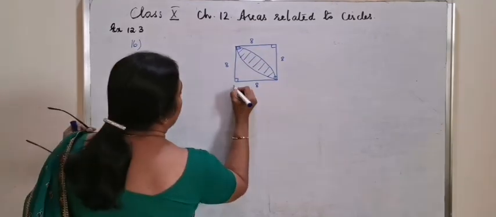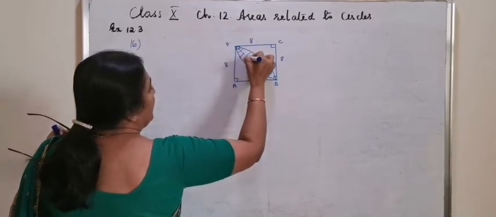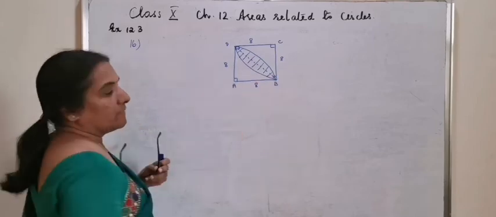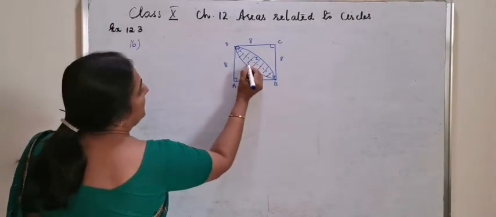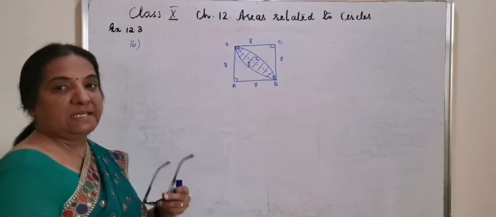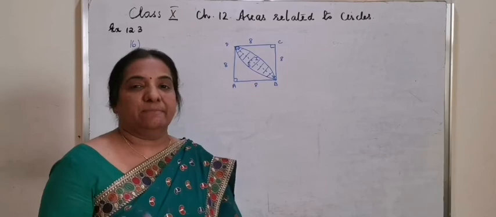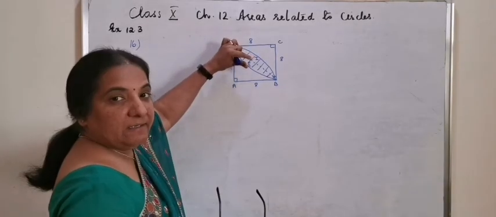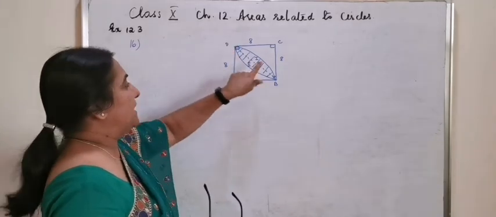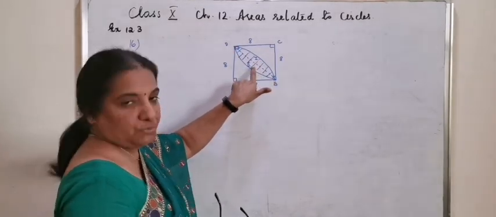If you join the diagonal BD, you can see this design is the area which has taken as the shape of two segments. The designed portion can be found out if you find the area of the two segments, that is 1 and 2.